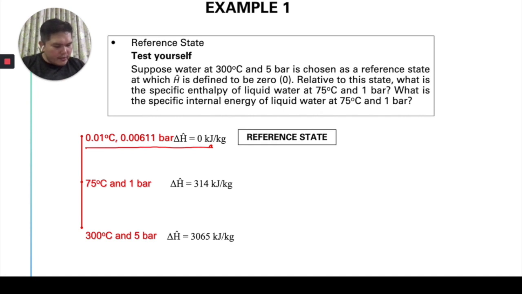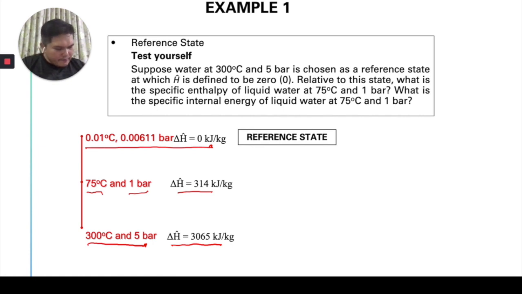If we refer to the steam table, at 75 degrees Celsius and 1 bar it gives a specific enthalpy of 314 kilojoule per kilogram. And at the same time, if you look into the steam table at 300 degrees Celsius and 5 bar, it will give you a specific internal energy of 3065 kilojoule per kilogram.